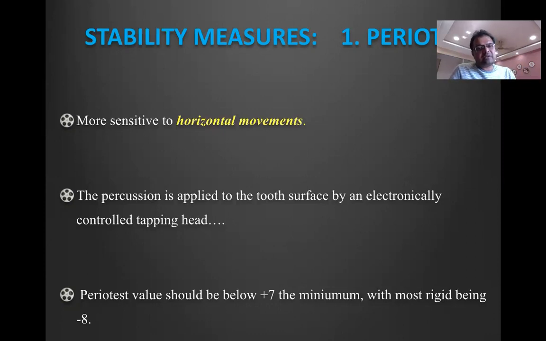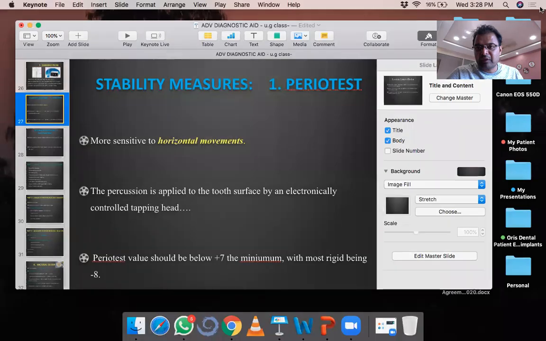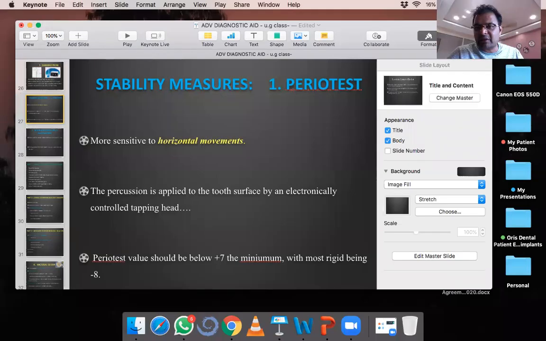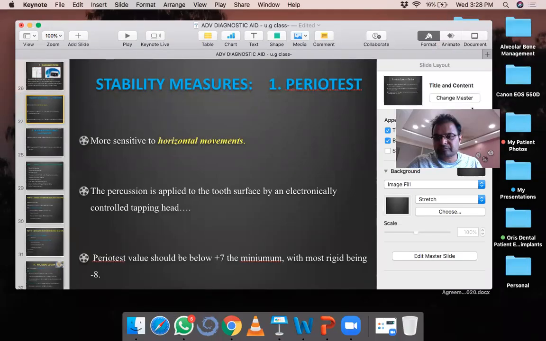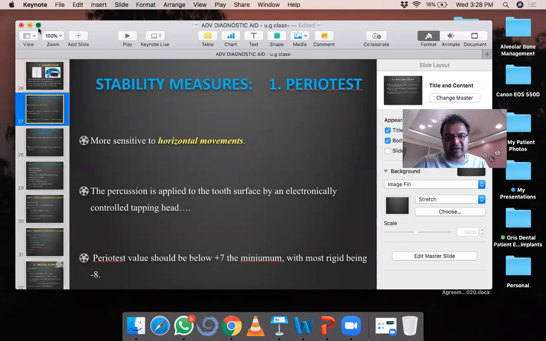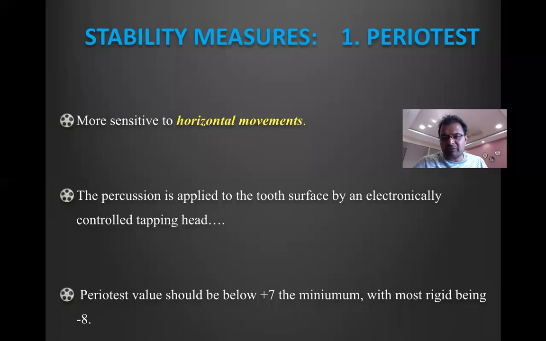Now to avoid this kind of error in judging how mobile a tooth is, we now have a device known as the PERIOTEST device. What it does is, it's like the way your tuning fork works.